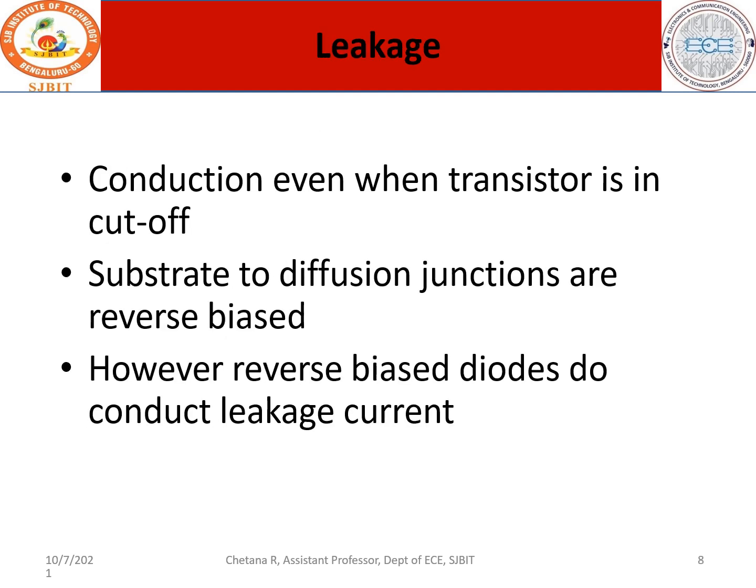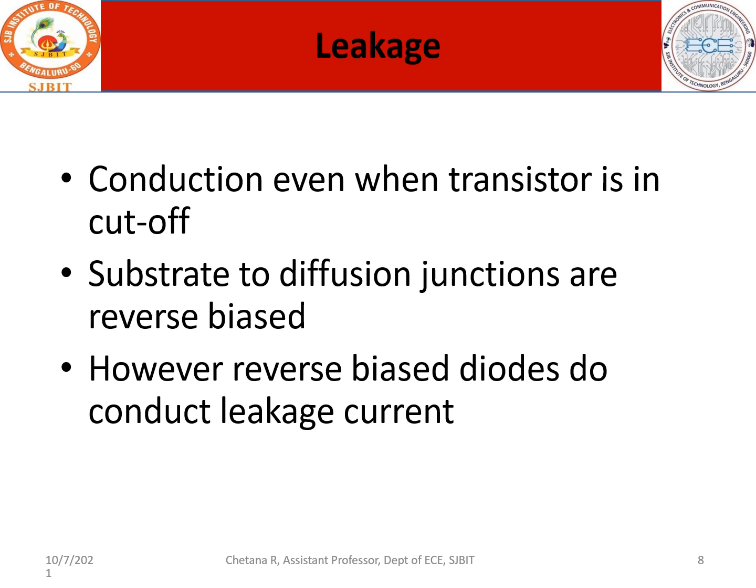Next, leakage. As I told you, in the substrate there are both holes as well as electrons. If you are considering a p substrate, you can see scanty electrons. If you are considering an n substrate, you can see scanty holes, but both charge carriers are present. So conduction happens even when the transistor is in cutoff, because of these stray charges.